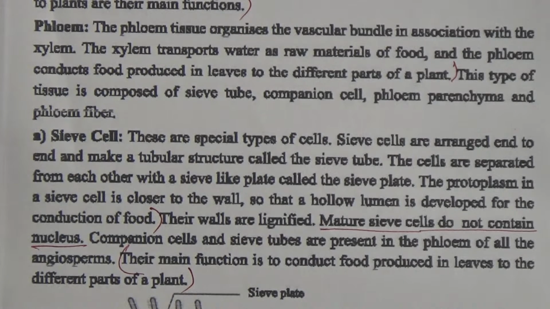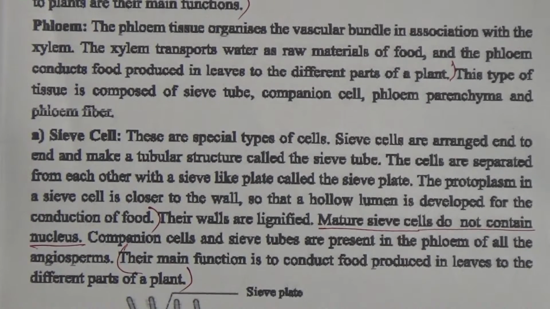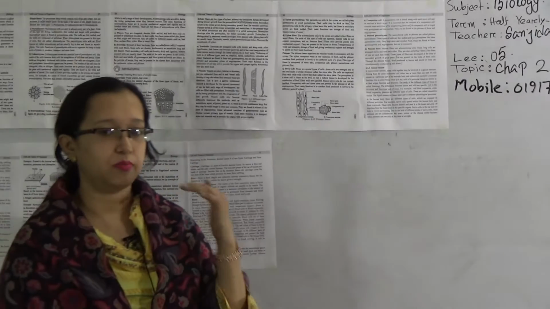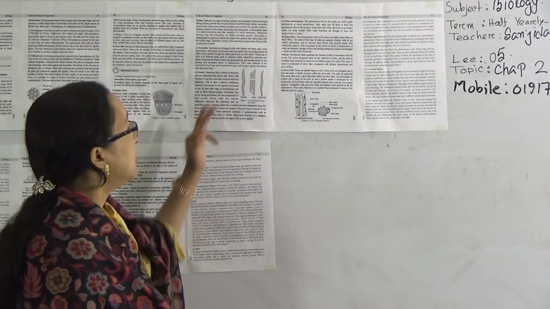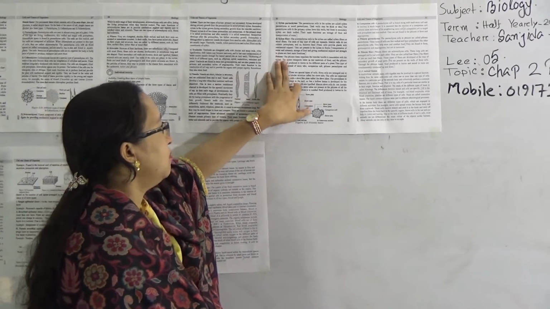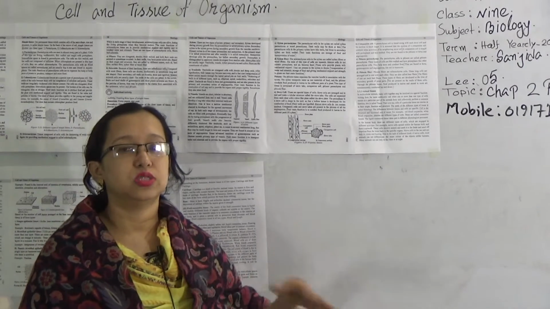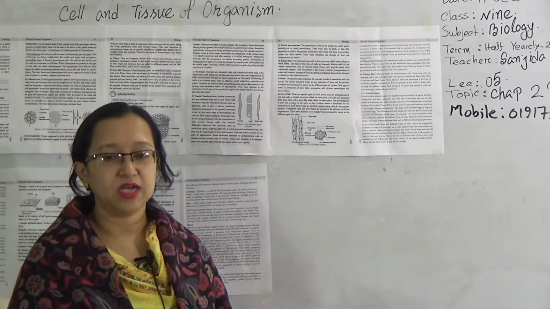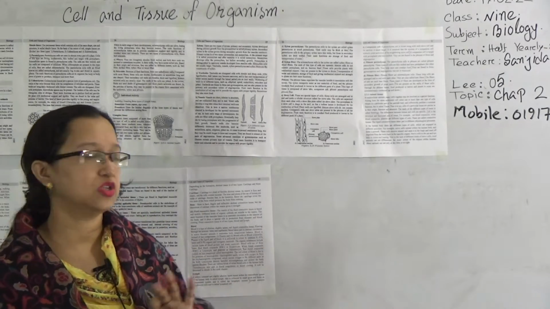Xylem takes water, minerals and other things from the roots to the leaves, where plants produce their food, and the function of phloem is to take the produced food to the different parts of the plant body.